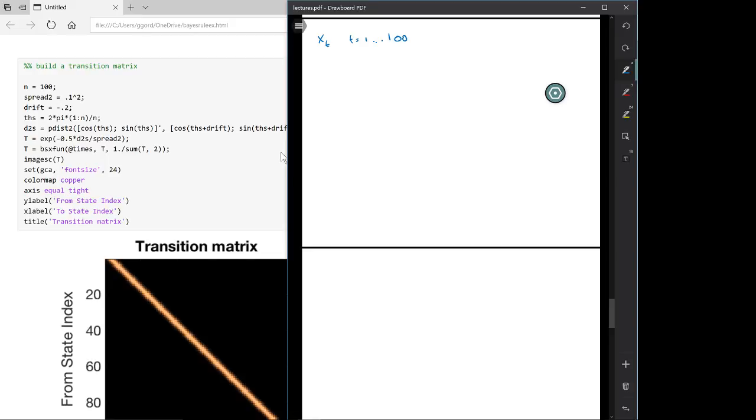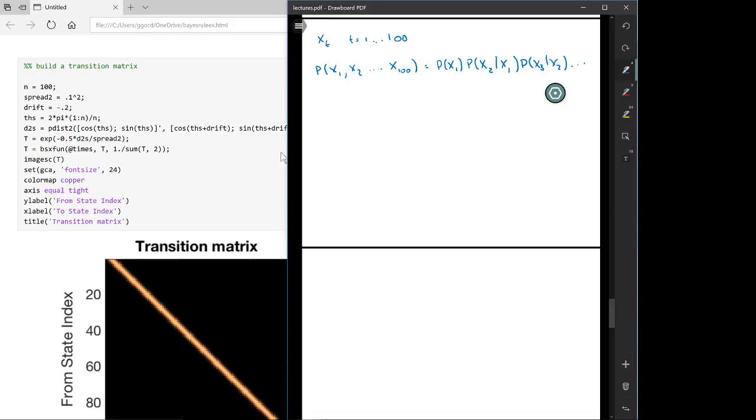And we're going to set it up so that the whole distribution, p of x1, x2, up to x100, has a particular form. It's equal to p of x1 times p of x2 given x1 times p of x3 given x2, and so forth, right?